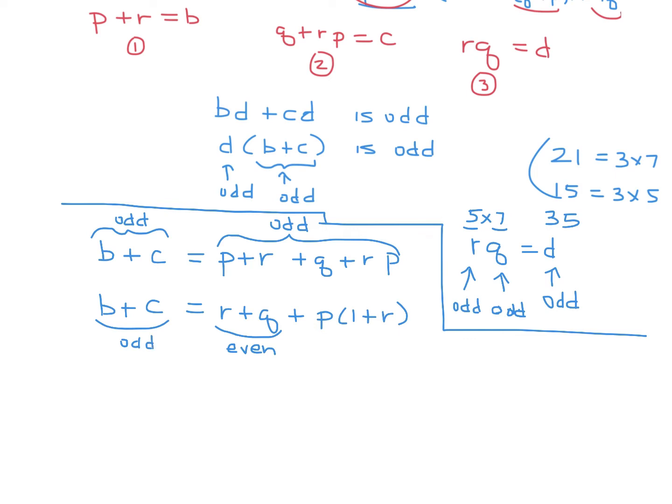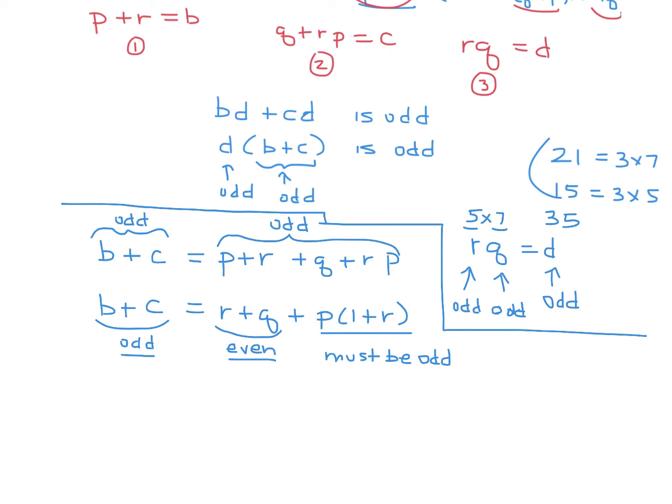Now, this is odd. This is even. This must, therefore, be odd. Must be odd. Because the only way you can get an odd is to add an even with an odd, correct? Because if this was even, then it would be even plus even, which is even. Correct? All right. So that means P times 1 plus R must be odd.